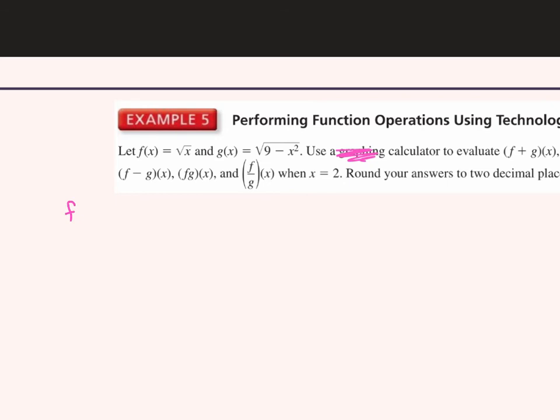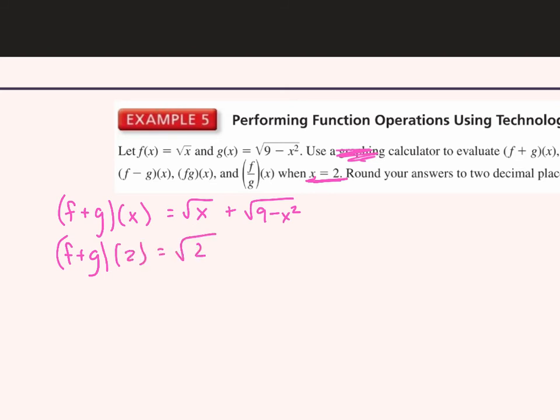We have f plus g of x. So we just add our two functions together. Square root of x plus the square root of 9 minus x squared. We're evaluating these when x is 2. So we're just going to plug in 2 into all of our x's.